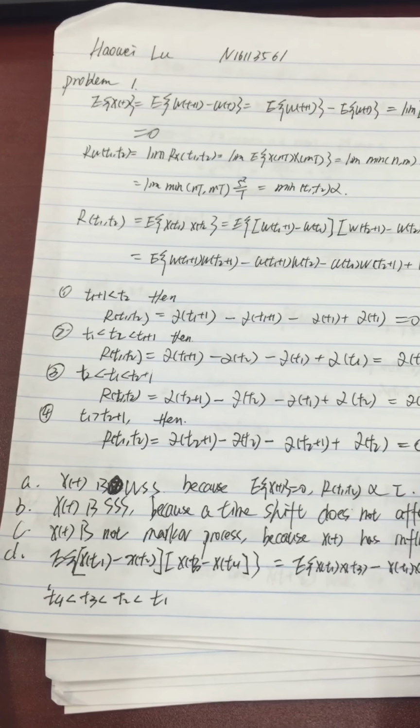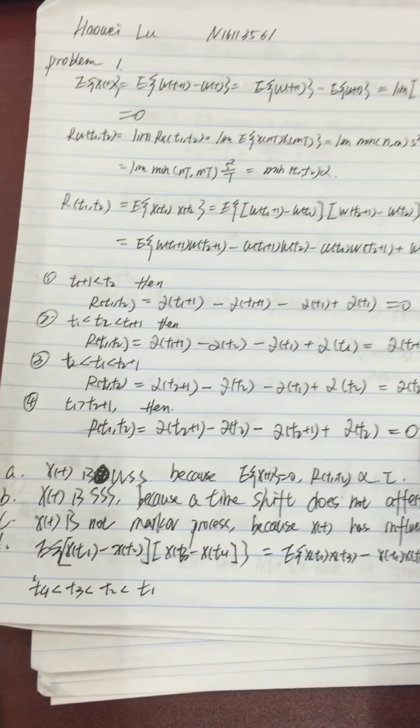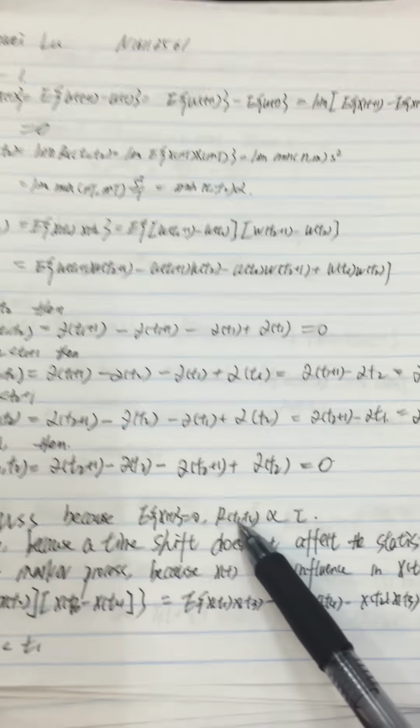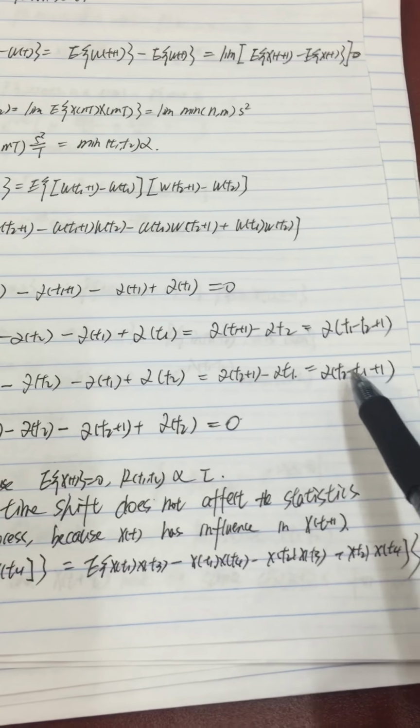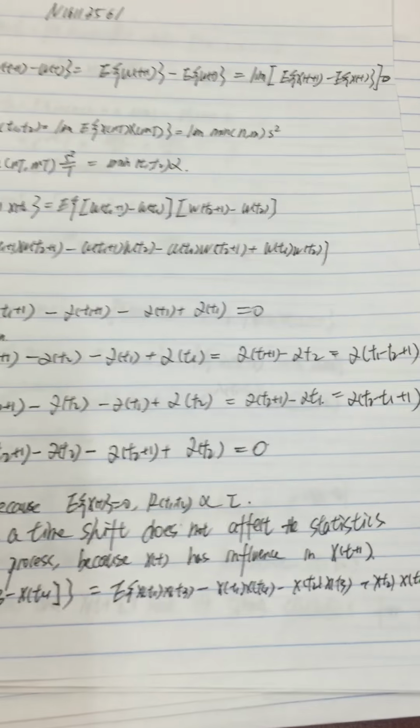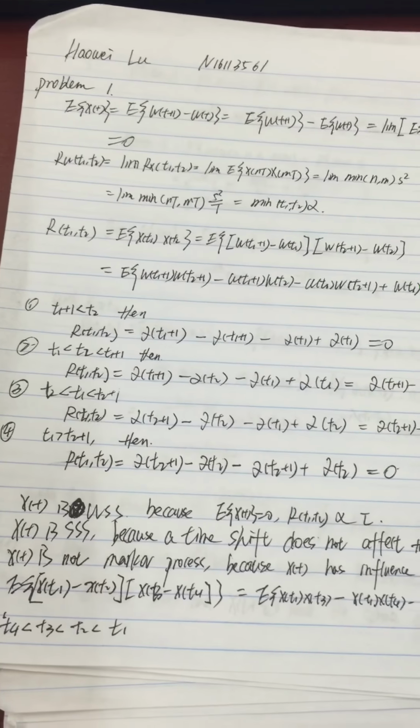Is Xt a WSS? Yes, it is, because we know that the mean is 0, and the correlation depends on the difference between t1 and t2. So it is WSS.